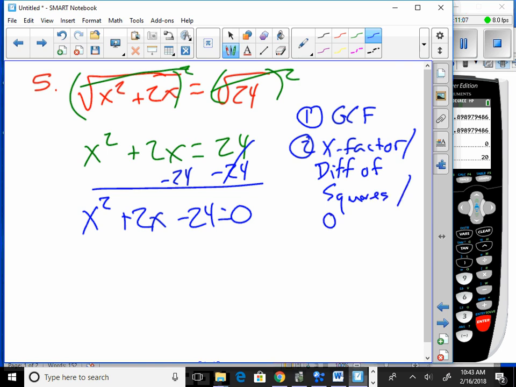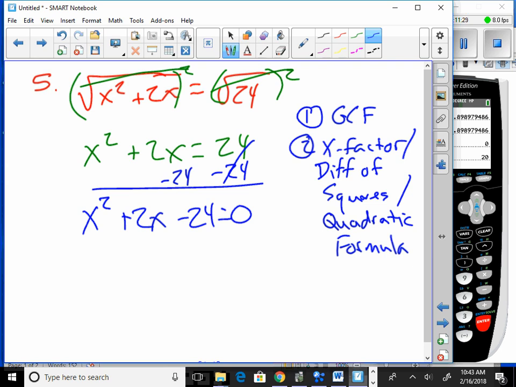You could do the quadratic formula, and we will have to do the quadratic formula on at least one of the problems today. This one will factor out nice, but we'll come across another one that won't. So the quadratic formula always works, but sometimes it's a lot faster just x factoring it than going through the quadratic formula.